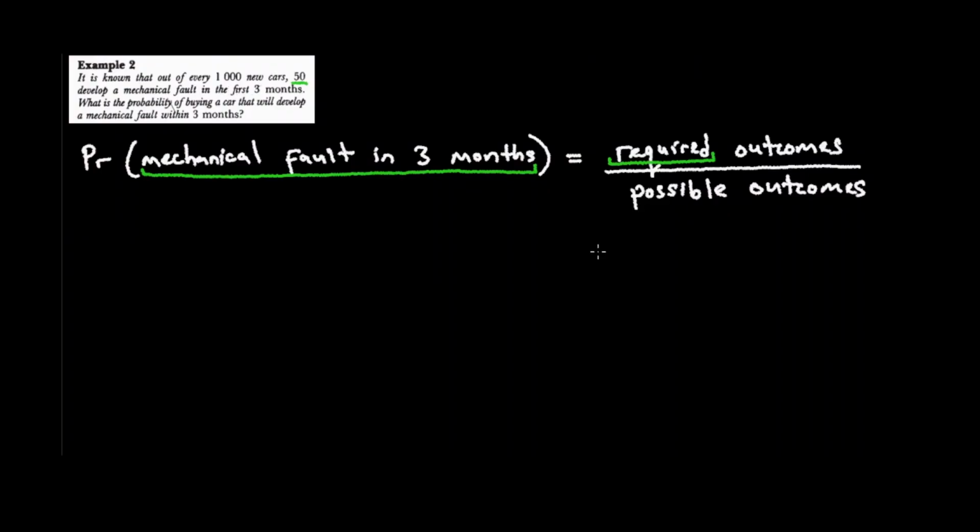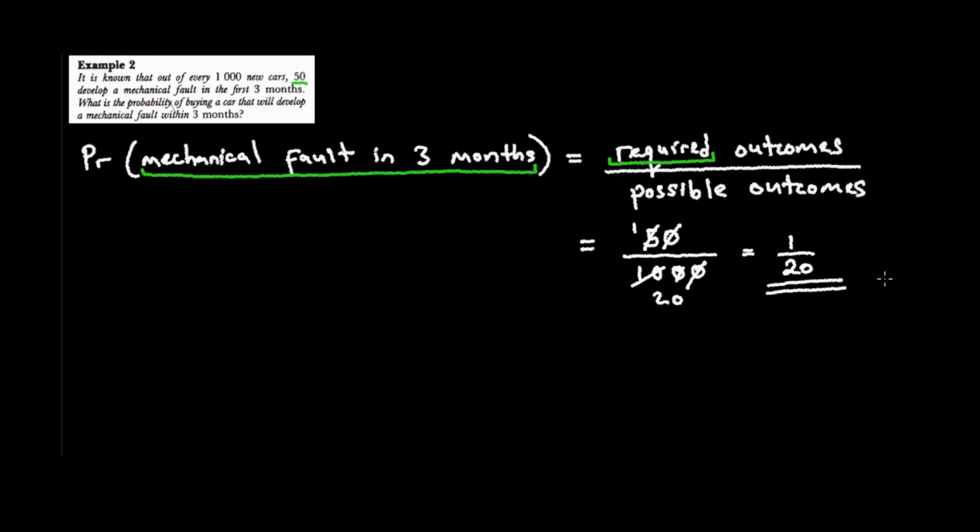So can you see that the required outcome is 50 over the possible outcomes, which is all the cars we are looking at in this sample population. We were told for every 1,000 new cars. So it's 50 over 1,000, which we simplify like this: 5 into 5, 1 into 10, 2, 0. So our answer is equal to 1/20. That's done.